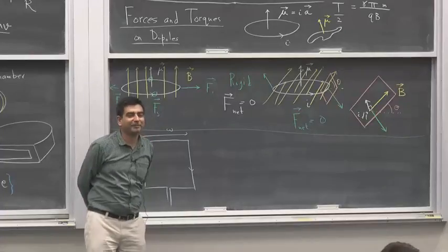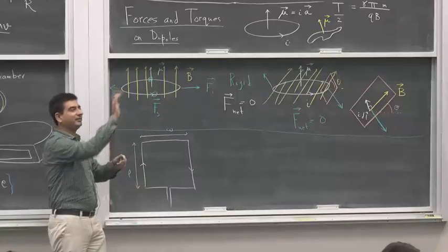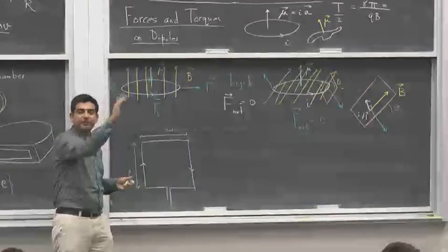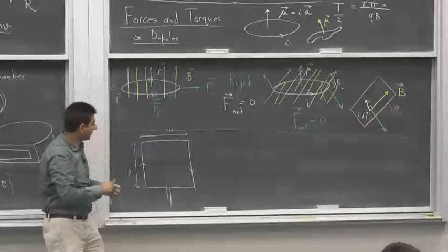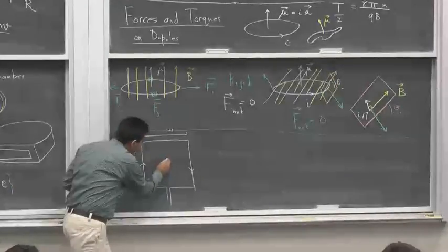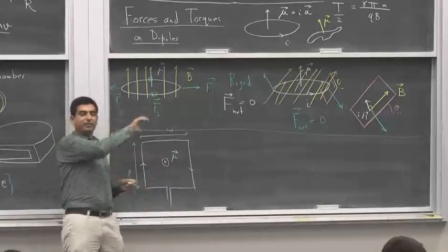Into the plane. 50% statistics didn't work here. Now rotate the fingers of your right hand in the direction of the current, the magnetic moment is into the plane, right? So the magnetic moment is pointing in. This is the direction of the magnetic moment, right? Okay. Magnetic moment is in.